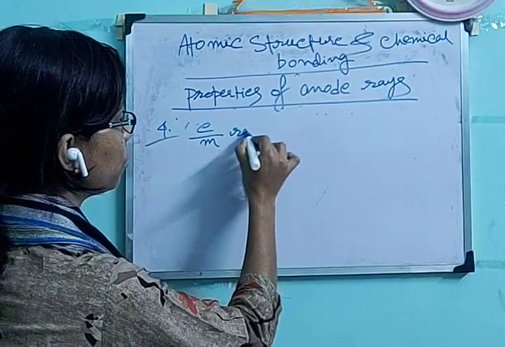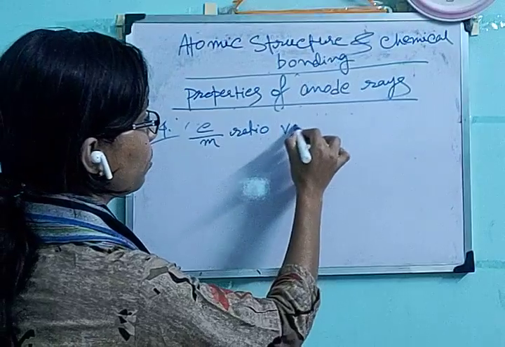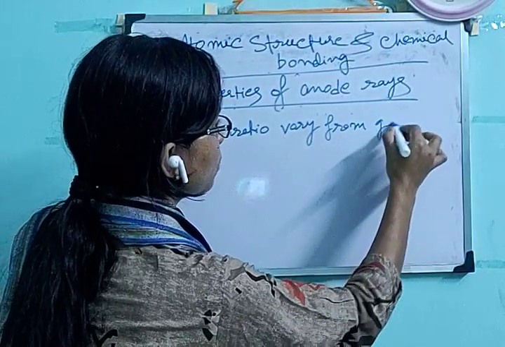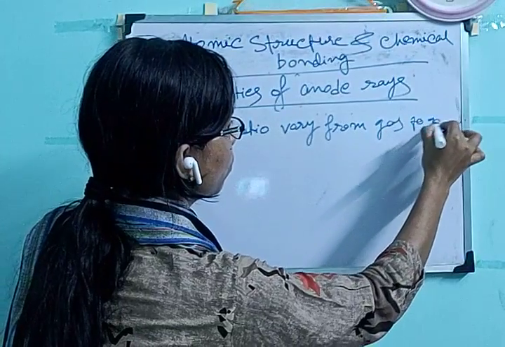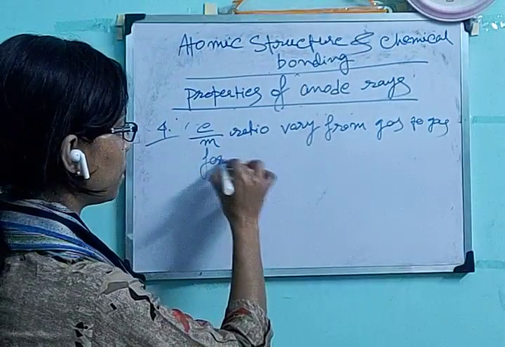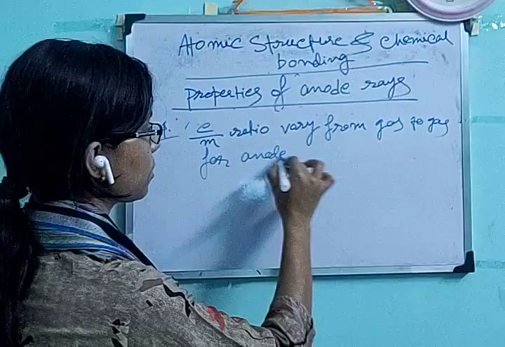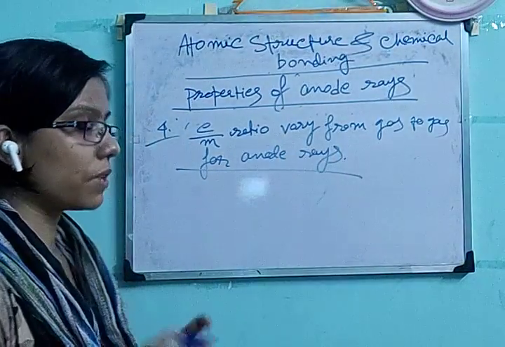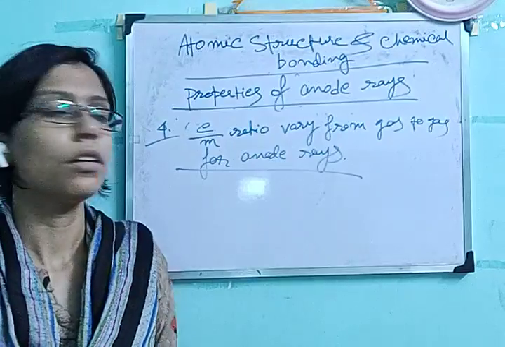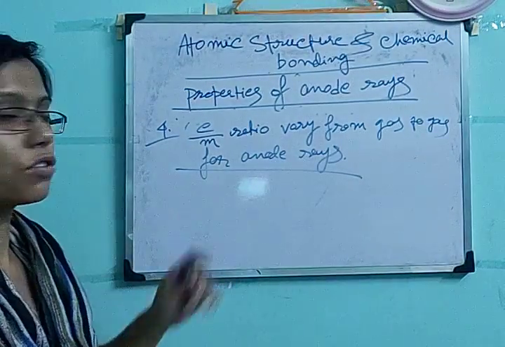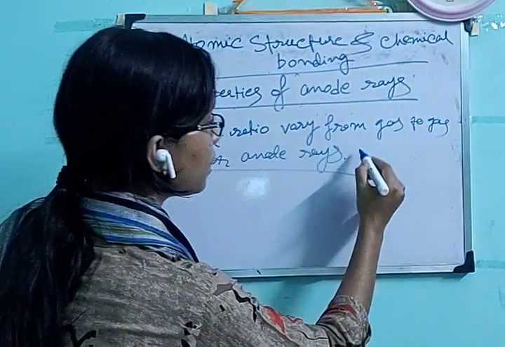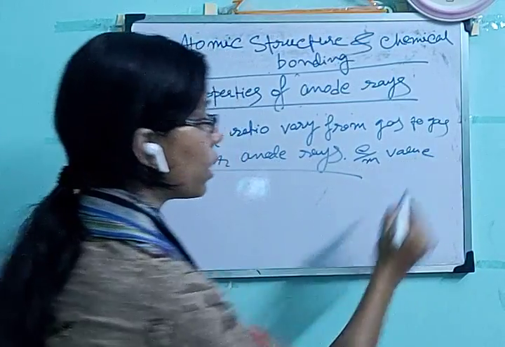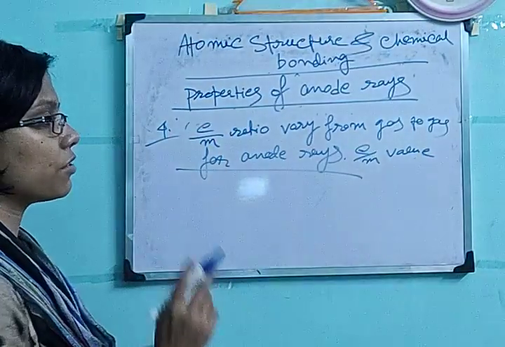It varies from gas to gas for anode rays. The E by M value is highest when we are taking hydrogen gas.